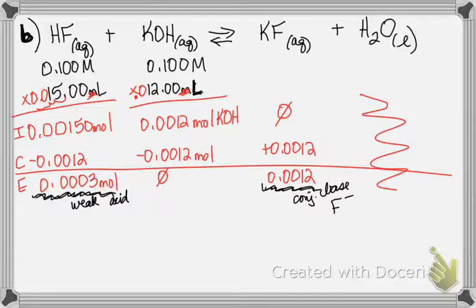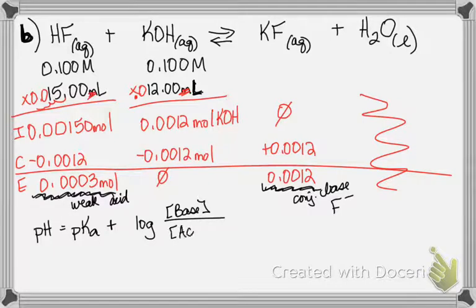What I'm trying to get you guys to see is what you have as a buffer. And we have an equation to use for buffers, the Henderson-Hasselbalch equation. The pH is equal to the pKa plus the log of the concentration of the base divided by the concentration of the acid.